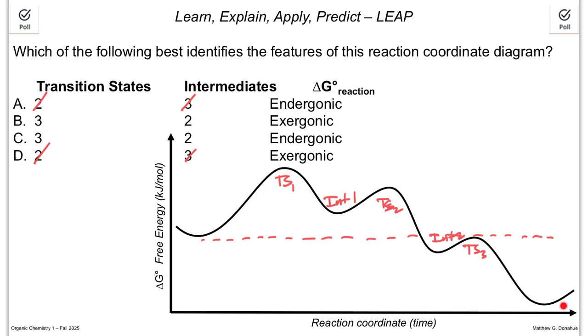So that's exergonic. So we're starting at some energy, we're going lower, so that means heat is released. So we would end up with B is the correct answer.